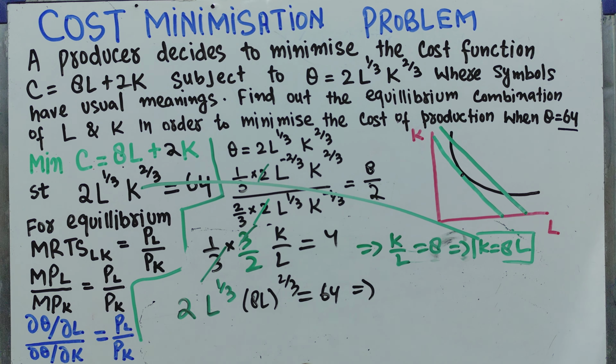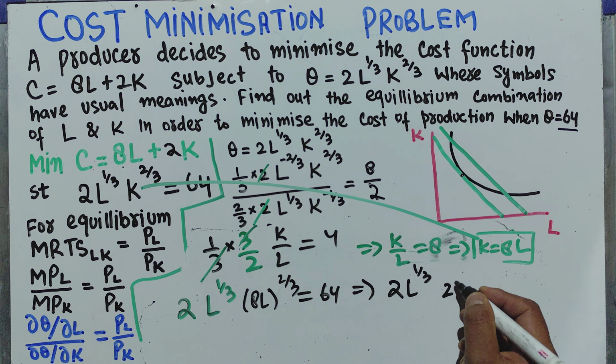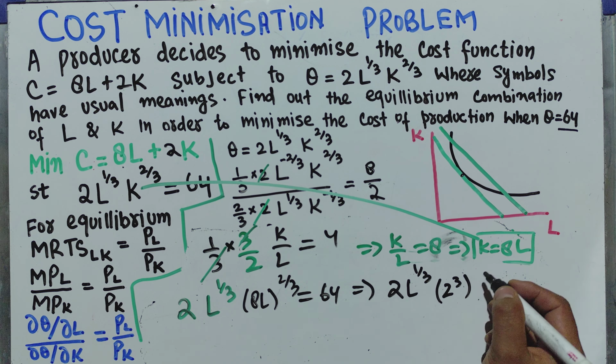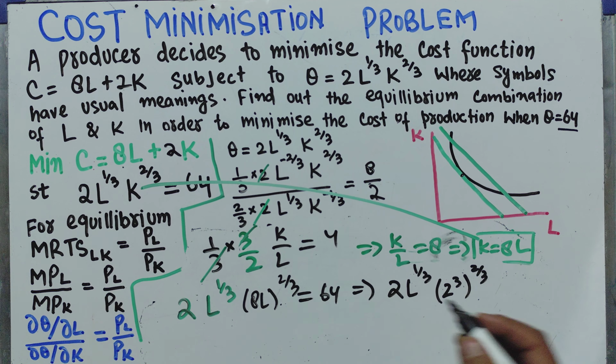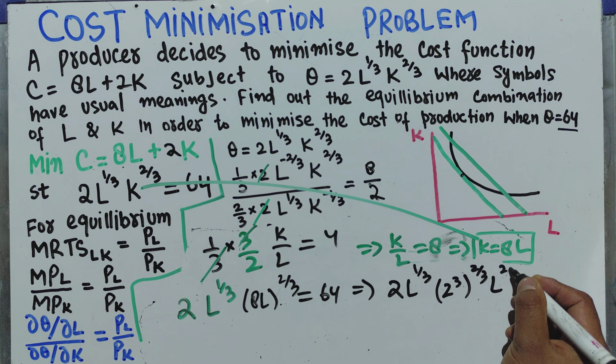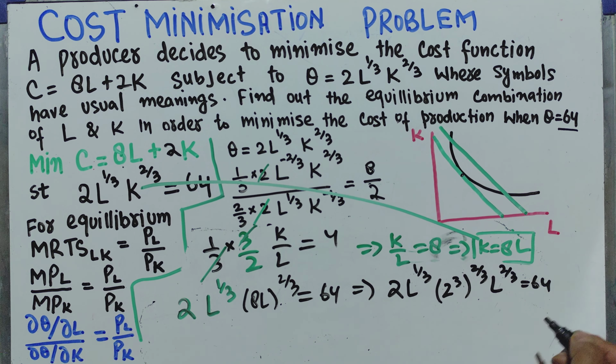Now I can see the question is correct. So we have 2 L raised power 1 upon 3. In place of 8, I can write 2 cube raised power 2 upon 3. Expanding this, we get L raised power 2 upon 3 is equal to 64. So 3 and 3 get cancelled. That's why the cancellation was not possible earlier.